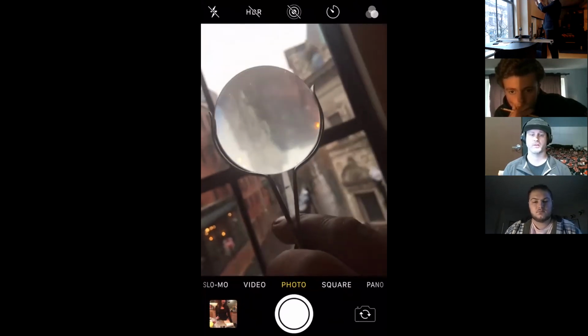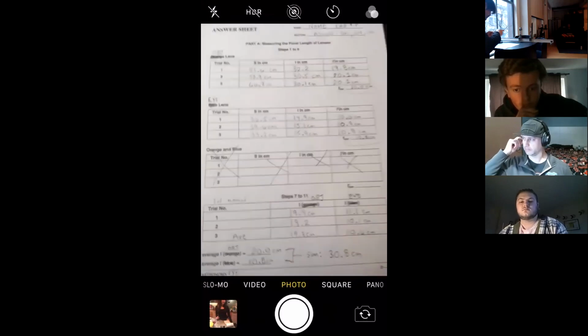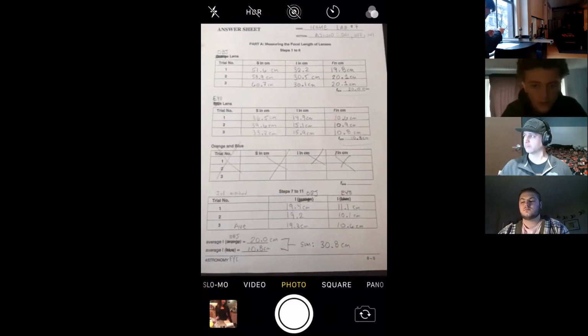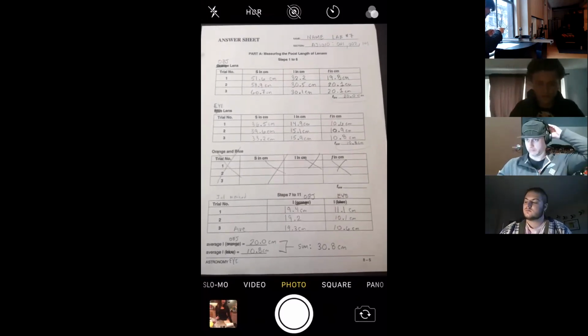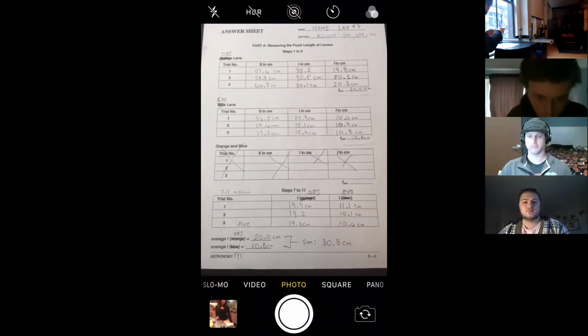Obviously, guys, this would have been a much cooler lab if you could have manipulated the things yourself and looked at the telescope. I know this was a little bit lame, but we're doing the best we can with the situation we're in. So let's make sure you guys get one good long look at that sheet there. Do you guys have all that stuff?